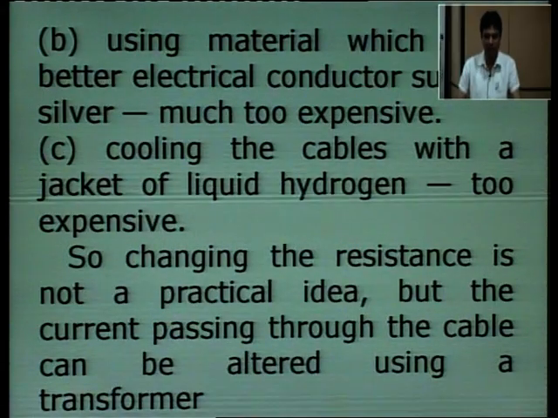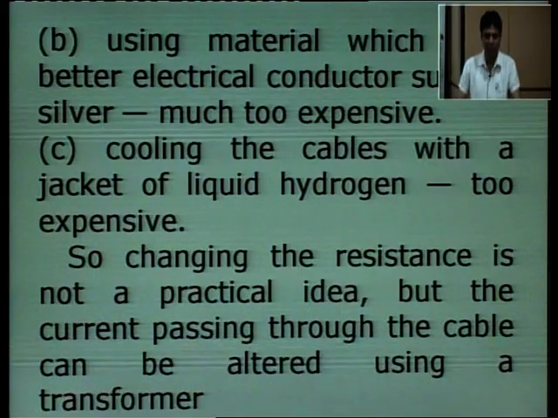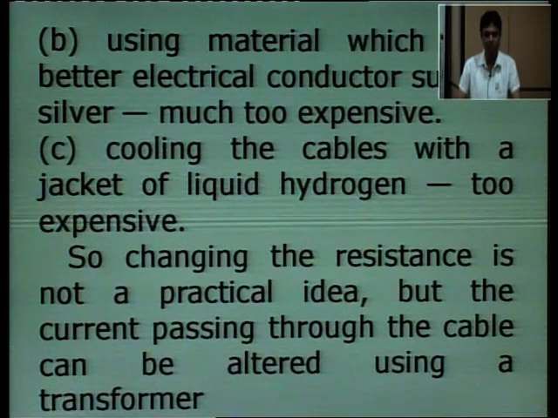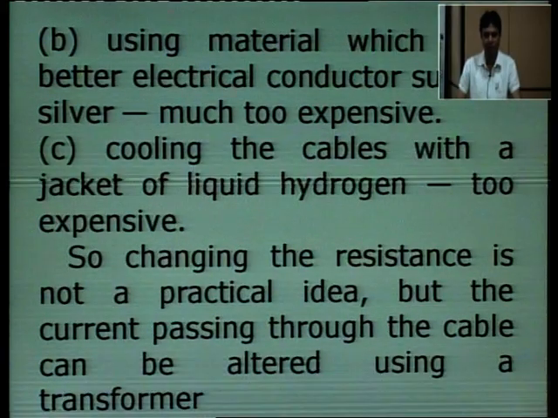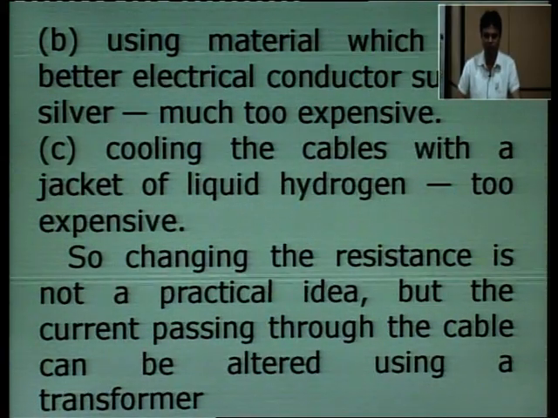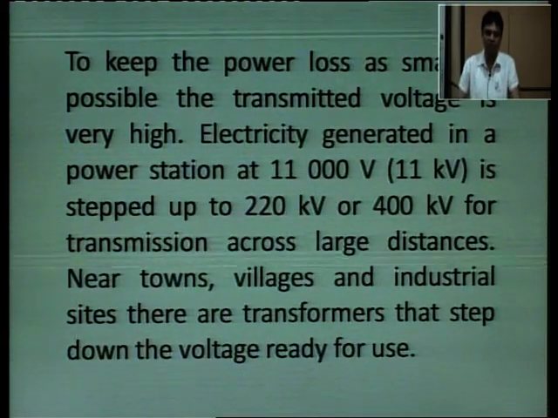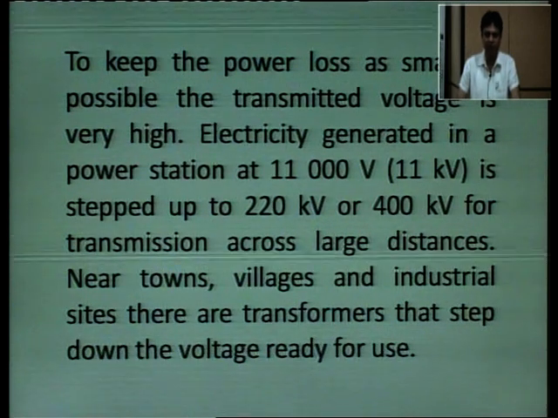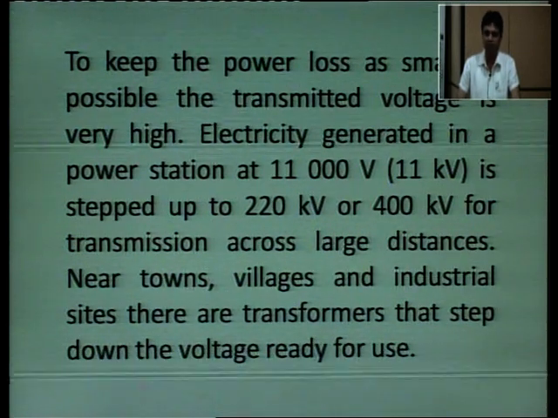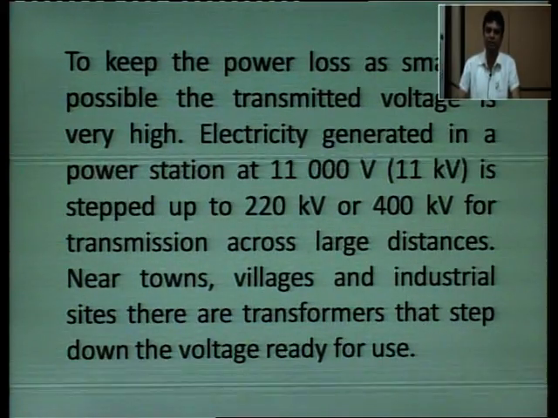So, changing the resistance is not a practical idea, but the current passing through the cable can be altered using a transformer. So, viewers, to keep the power loss as small as possible, the transmitted current is kept very low.